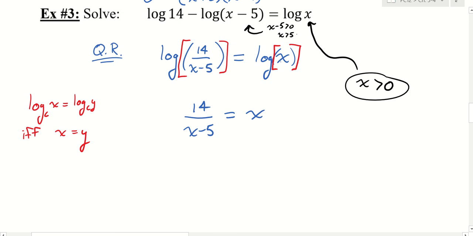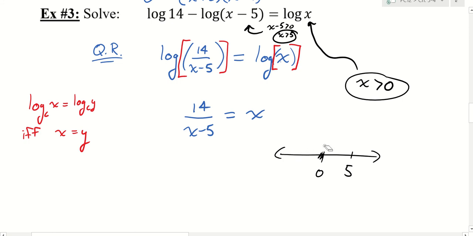Which of these two restrictions is more restrictive on the number line? Well, if I look at x equals 0 and x equals 5, this restriction cuts off all of these values, including 0 itself.